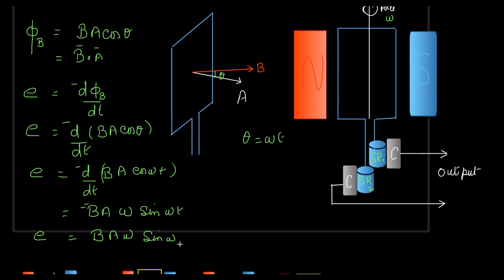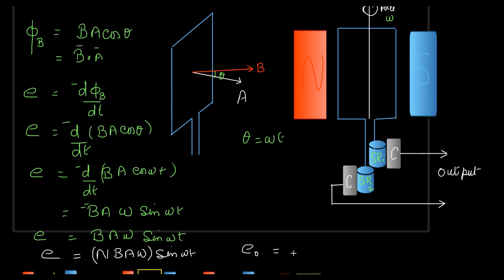This is the EMF generated on a single turn. If there are n turns of the coil, then the total EMF generated on the coil is equal to n times B A omega sin omega t. And EMF has the maximum value when the trigonometric ratio is unity.